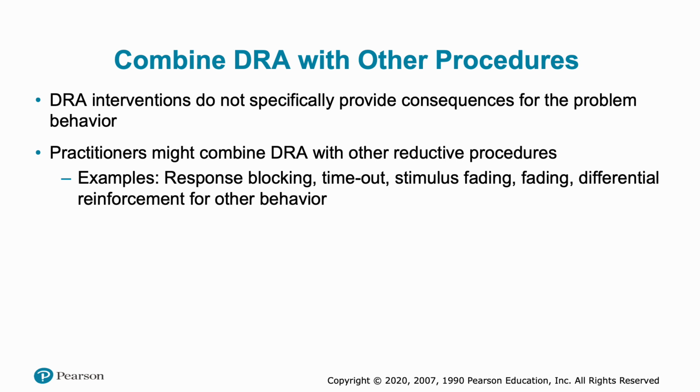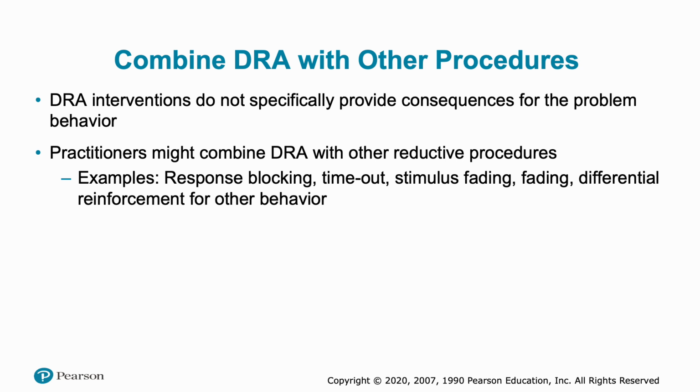Okay, and so one thing that you can do to help your intervention be a little bit more effective would be to combine DRA with other procedures. DRA interventions do not specifically provide consequences for the problem behavior, right? All we're doing is withholding reinforcement, or implementing extinction. So a practitioner might combine DRA with other reductive procedures if they see that the extinction alone is not effective.